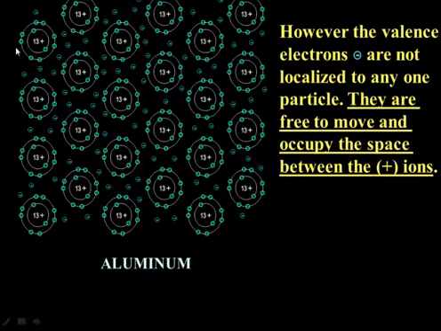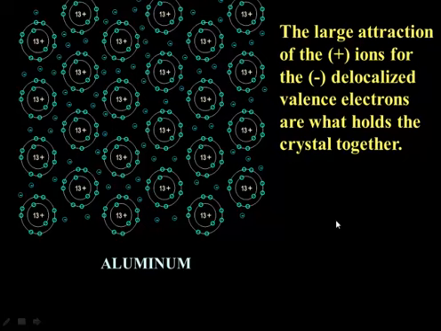When you put all of them together, those valence electrons, the electrons furthest away from the nucleus, start to move freely among the ions. They are free to move around and occupy the space between the positive ions, the cations.